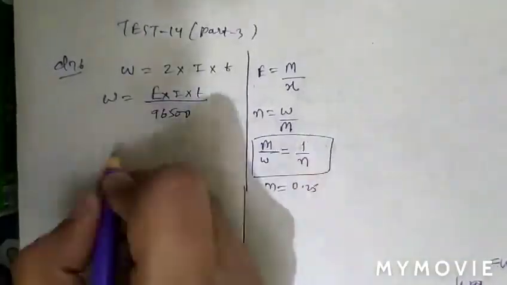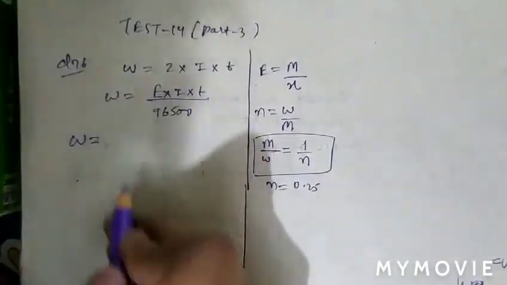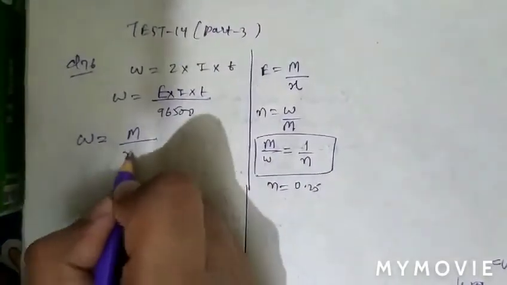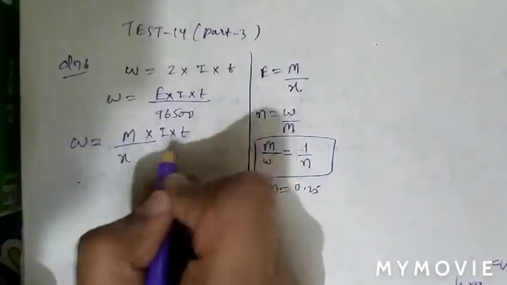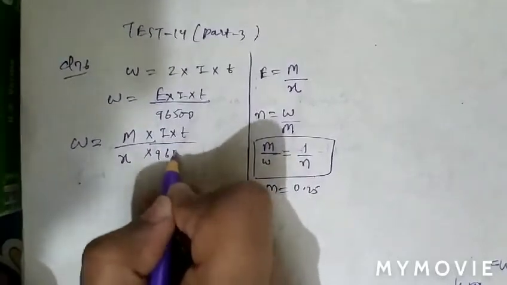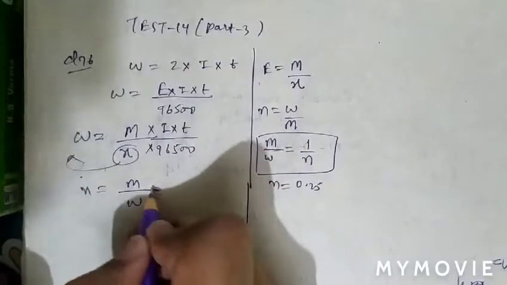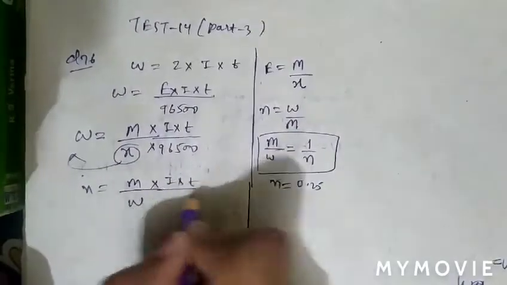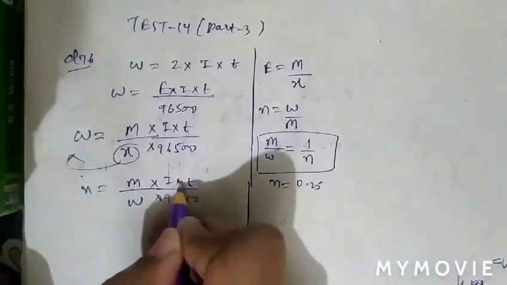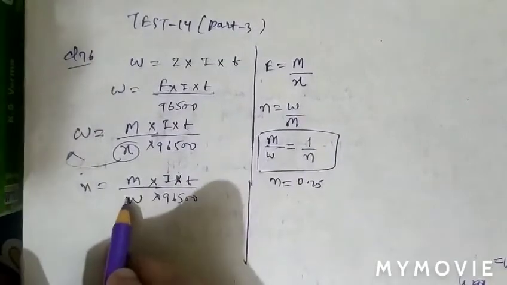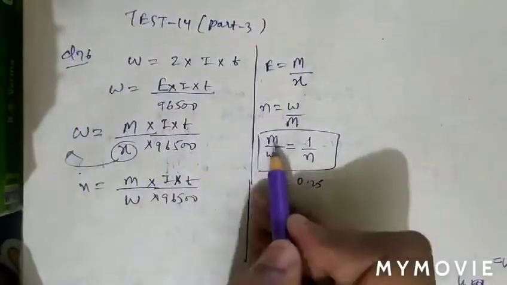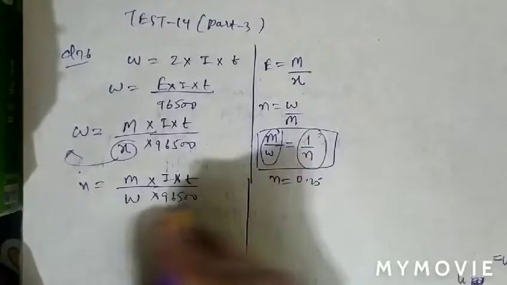Now use the equation. W is equivalent mass, which is molecular mass divided by x, into I into T divided by 965,000. Now put x here, so it will be m by W into I into T divided by 965,000. As we know the value of number of moles, the value of m by W is equal to 1 by n.